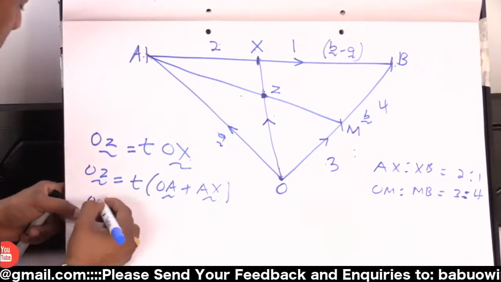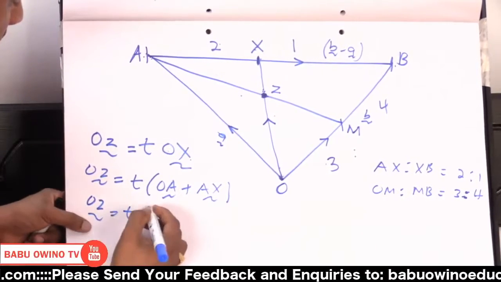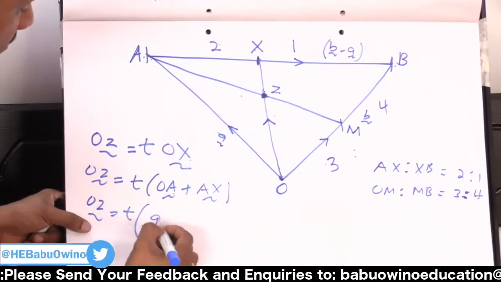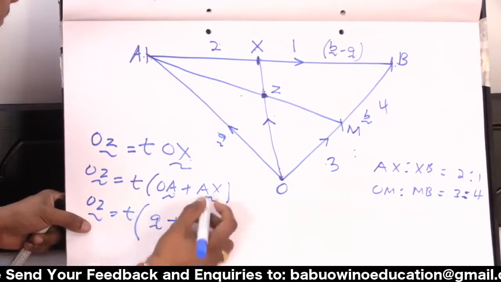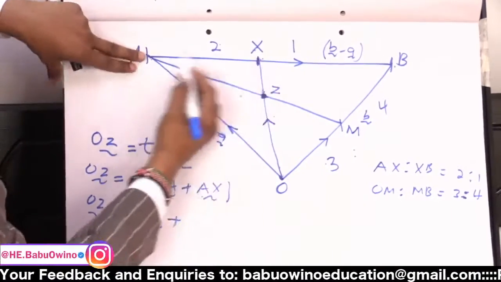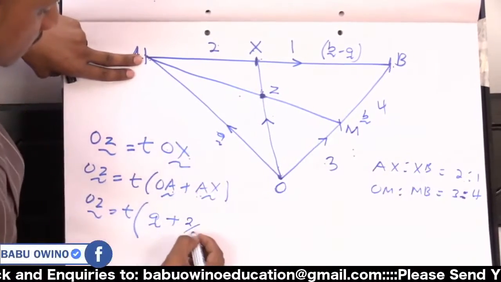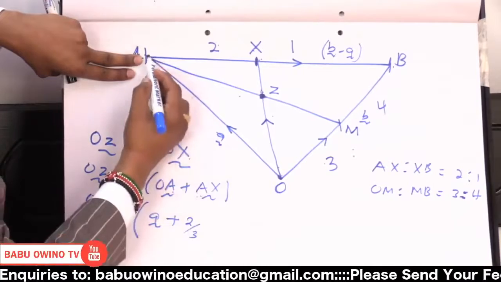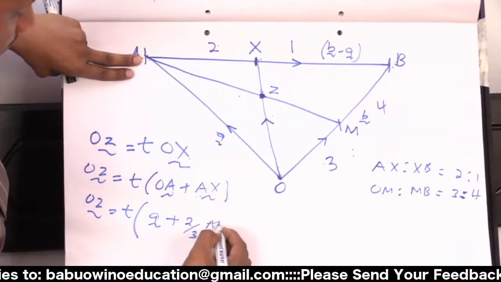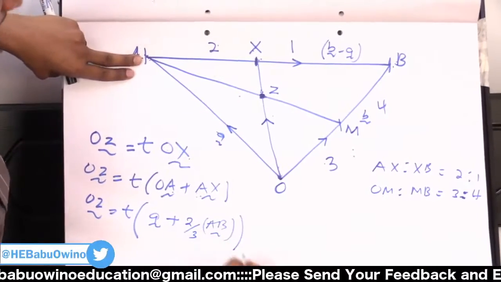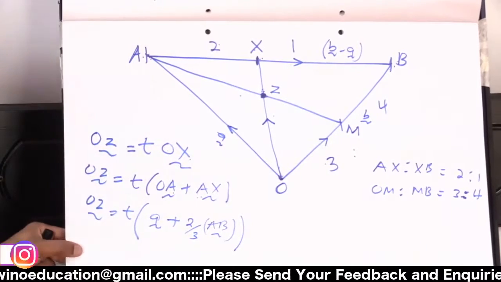So OZ equals T of OA, which is A plus AX. AX is 2 over the total ratio, which is 3, of AB. We'll also use the ratio theorem, you'll see how it's coming out.